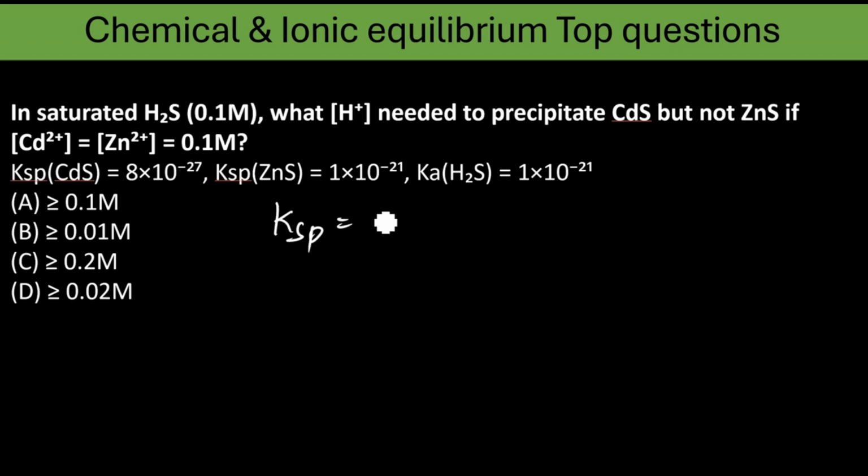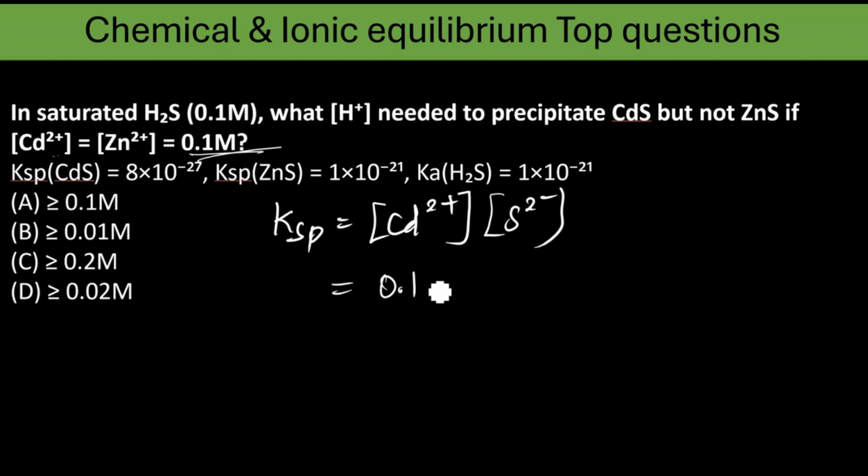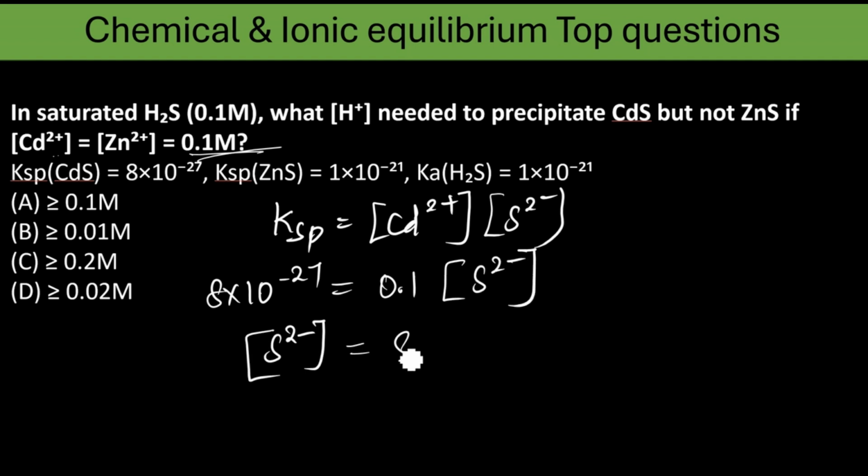So Ksp of cadmium sulfide is cadmium 2+ times S2-. They have given cadmium concentration as 0.1 molar. So 0.1 molar, Ksp value is 8 into 10 to the power minus 27, divided by that, S2- will be 8 into 10 to the power minus 26.